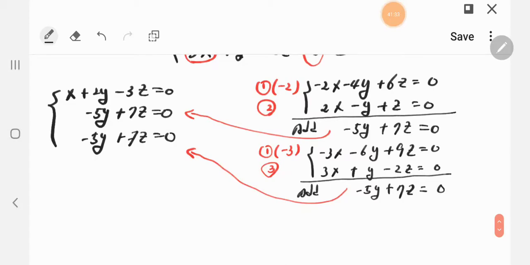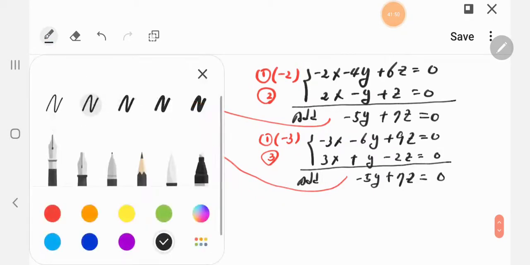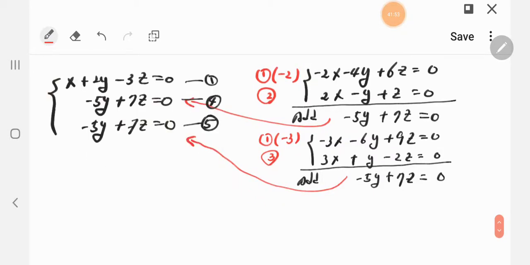As you see, this is equation 1, this is equation 4, and this is equation 5. So 4 and 5 are the same, right? So actually the third equation will be 0 equals 0. You can do it this way. Let's try this. Multiply the fourth equation by a negative sign and add it to the fifth equation.